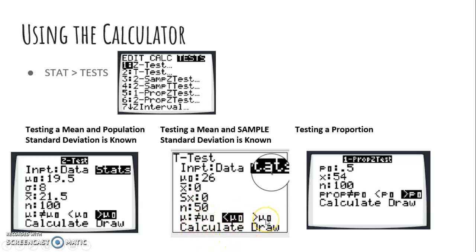Once you hit calculate, you will have a screen that will give you quite a bit of data. The first thing you want to do is make sure that the top statement on the screen, once you run this test, matches your alternate statement. And if it does, then you know you did it right.